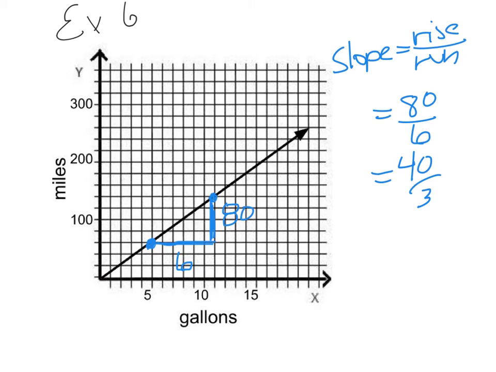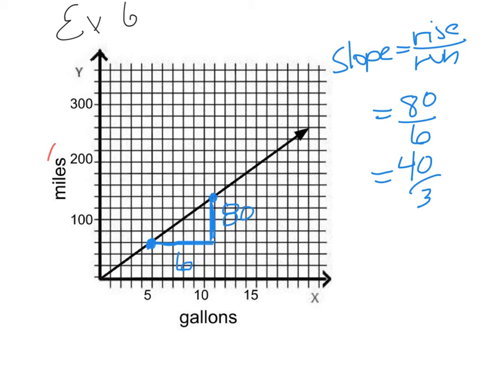Always leave slope as an improper fraction. There may come a time when you will change it to a mixed number or something else, maybe decimal form, depending upon the context, but for right now, when we're beginning slope, leave it as an improper fraction. Our next step is to now talk about what that unit rate would represent.